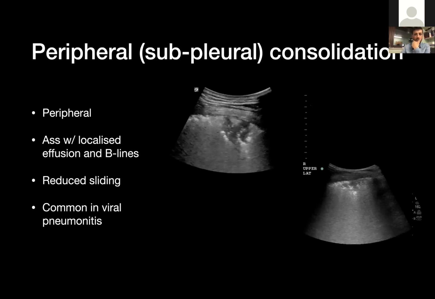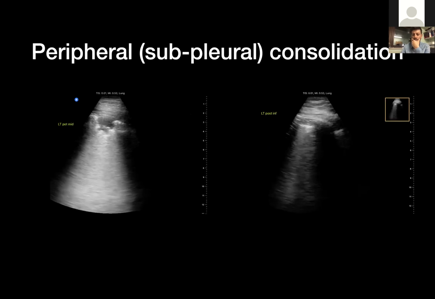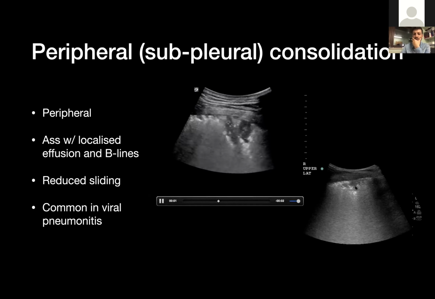So moving on to our peripheral consolidation. This is an image taken parallel to the ribs, and you see this thickened, irregular pleural line and then this chunk taken out of the pleura, and that's an area of consolidation. And again, you see another example of a subpleural or peripheral consolidation here.